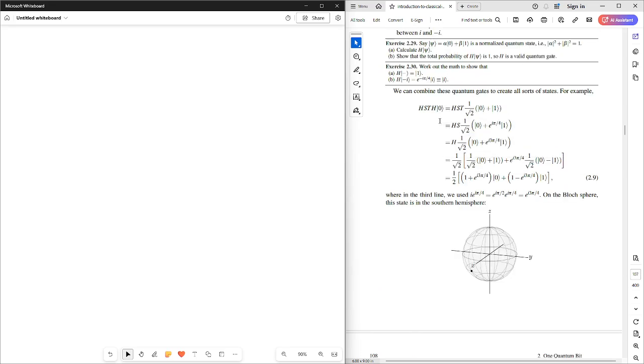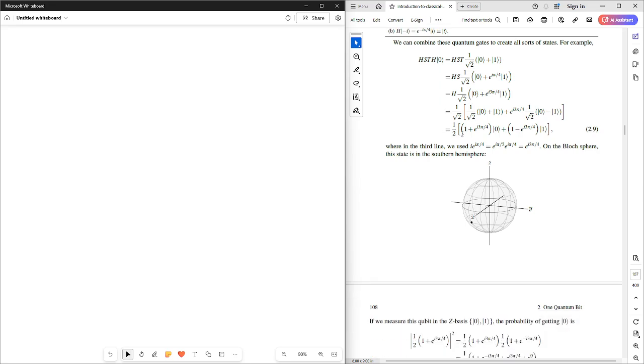we can combine quantum gates to create all sorts of states that we wish. Gates, as we saw earlier, are applied from right to left. So this H goes first, then the T, then the S, and the H. Every one transforms the amplitudes in some way, or doesn't, depending on the gate type, right?